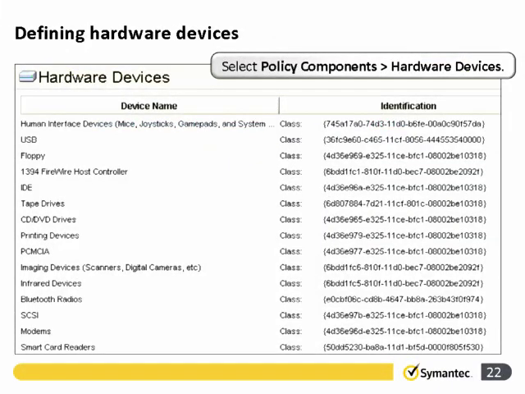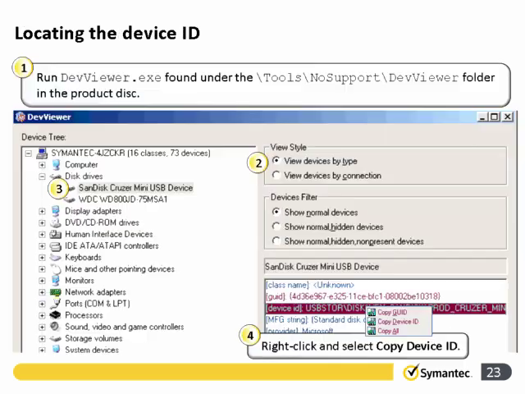You can define the hardware devices. Here we've got the common generic class IDs listed. But it may well be that you want to add in additional hardware devices that are very specific to you, maybe a specific USB type drive. And you'd need to collect the class ID for that to be able to add it to this list. To do that, you need to locate the device ID using devviewer.exe, which is found in the Tools No Support folder.